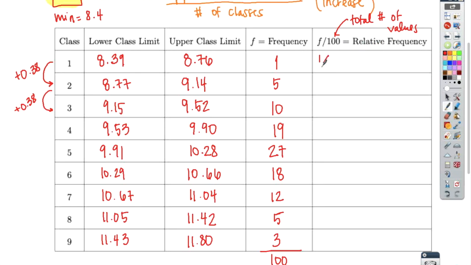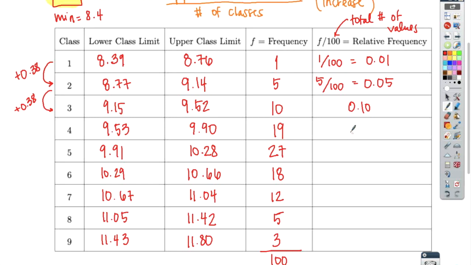So if I take 1 and divide it by 100, that gives me 0.01 relative frequency. For the second class, I'll take 5 divided by 100, which is going to be 0.05. Again, you should pause your video now. This column is actually very doable. So pause your video and come back for the answers in just a second.